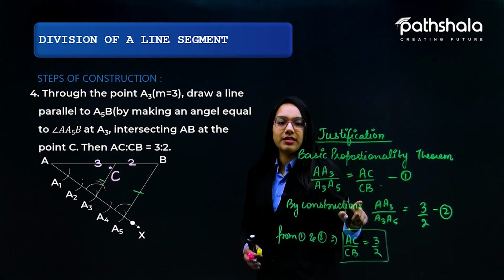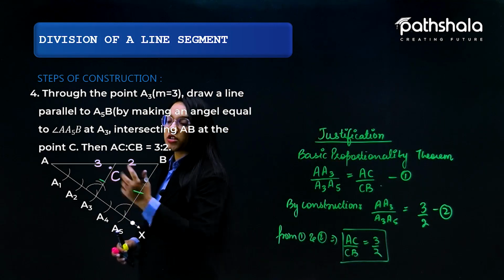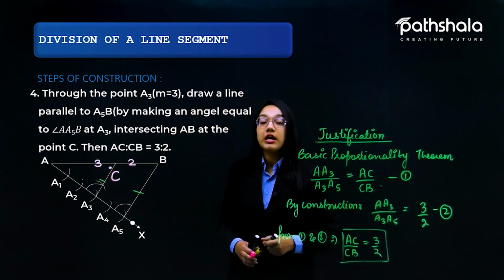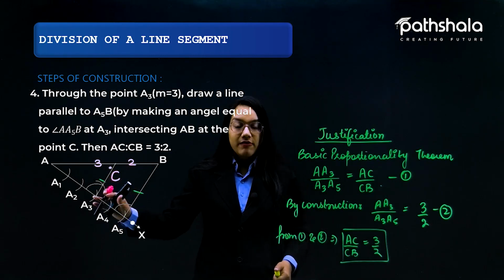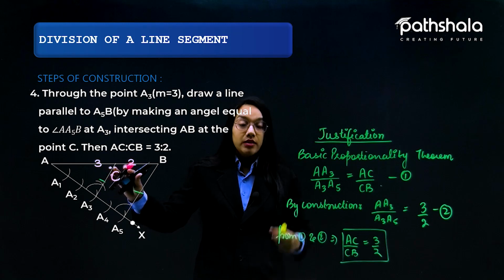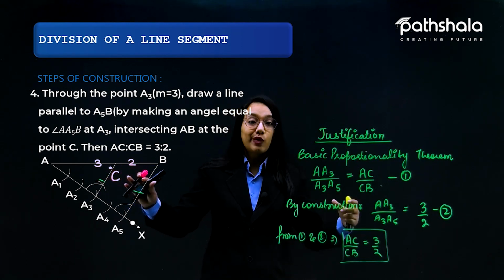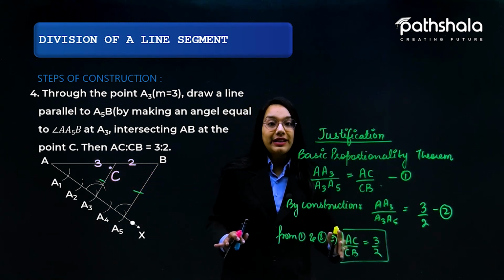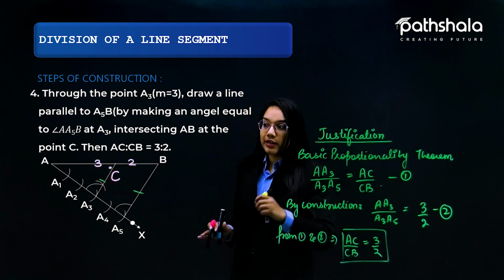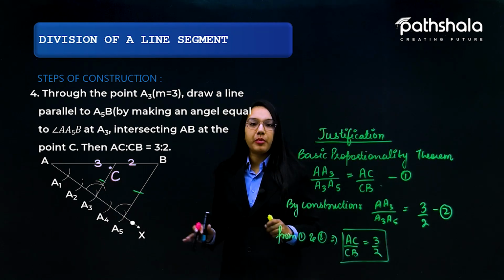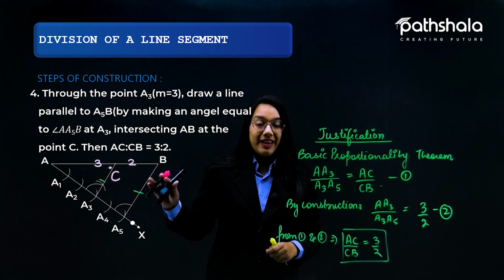Hence this is the justification of this construction, that this line CA3, wherever it intersects AB, will divide the whole line segment into the ratio 3:2. So this is all about the construction related with the division of a line segment. It involves a really important step, which is drawing this particular line parallel to this BA5.